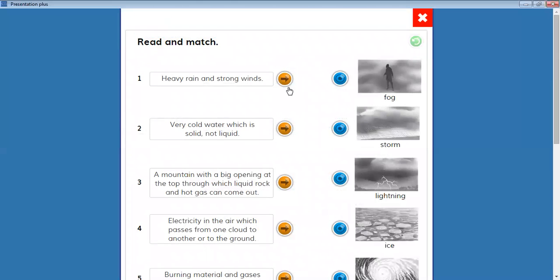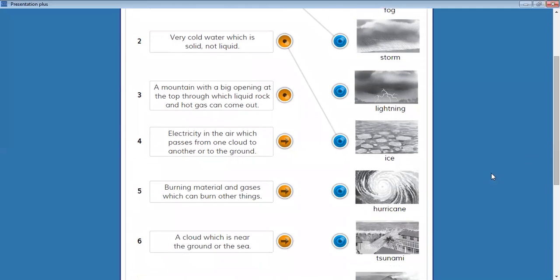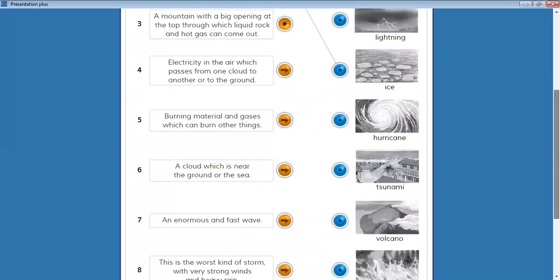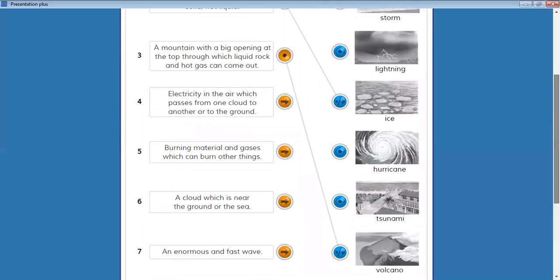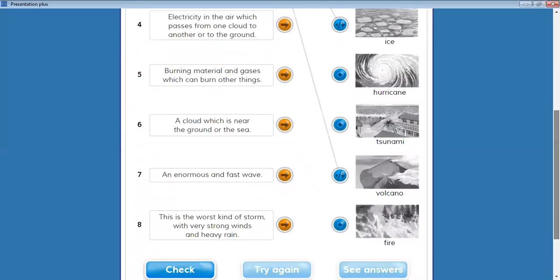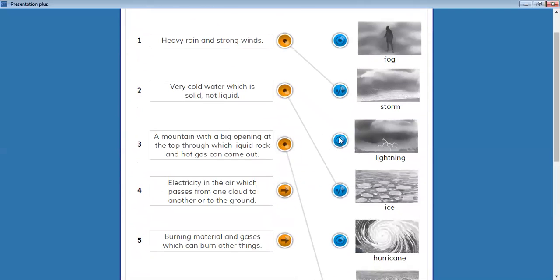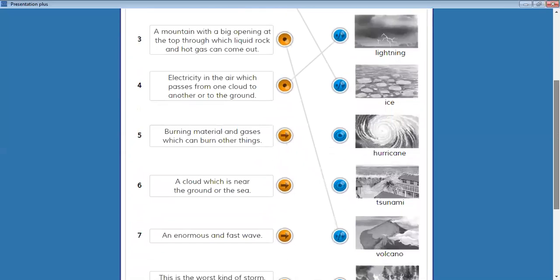Let's check our answers here. So heavy rain and strong winds. So we talked about the storm. Very cold water, which is solid, it's ice. A mountain with a big hole, so it's a volcano. Next, electricity in the air which passes from one cloud to another, so it's the lightning. Burning material and gases which can burn other things, it's fire.